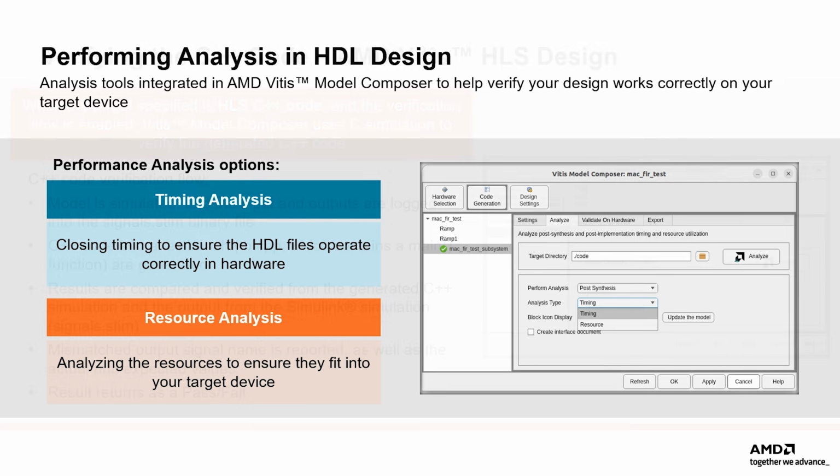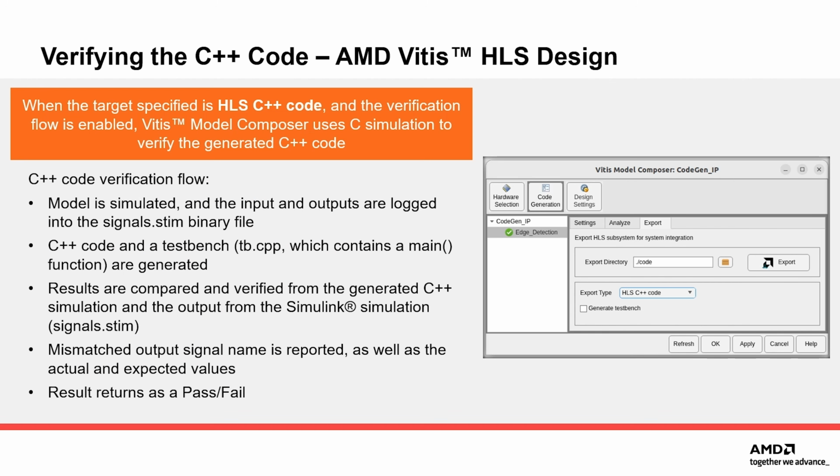When the target in the block parameters dialog box of the Vitis Model Composer hub block is HLS C++ code and the verification flow is enabled, Vitis Model Composer uses C simulation to verify the generated C++ code. The model is simulated in the Simulink environment, and the inputs and outputs are logged into the signals.stim binary file.